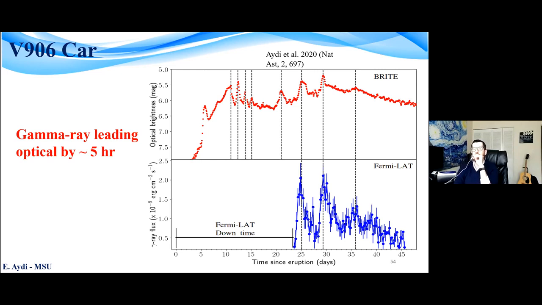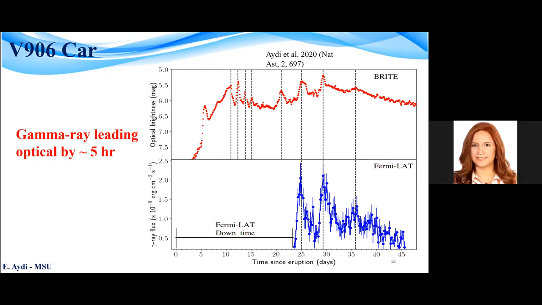But we measured a delay of around 5 hours, 2 sigma uncertainty, where the gamma ray is leading the optical. So this somehow supports the suggestion that the optical is reprocessed X-rays, some sort of illumination from the gamma ray emission of the optical.